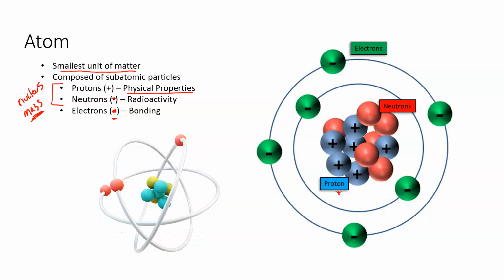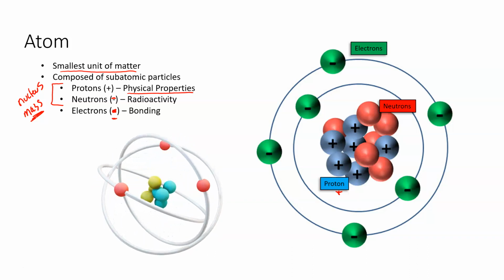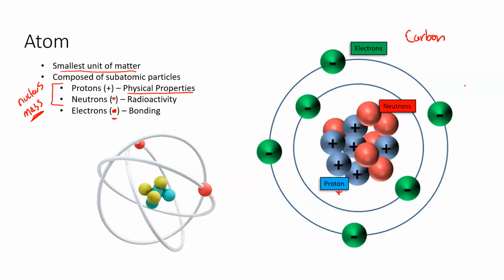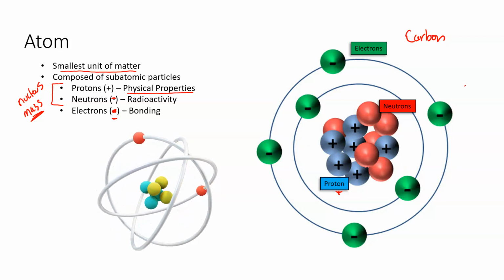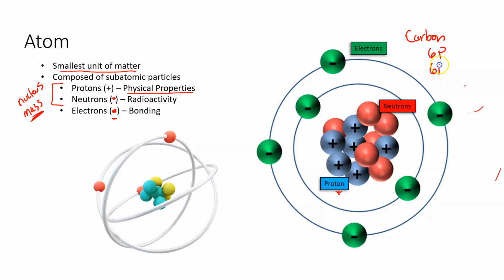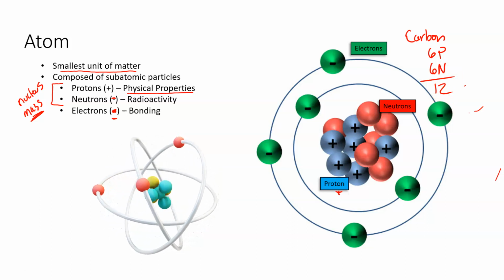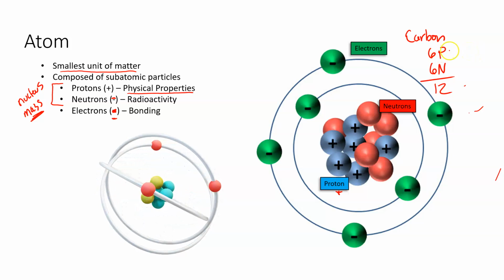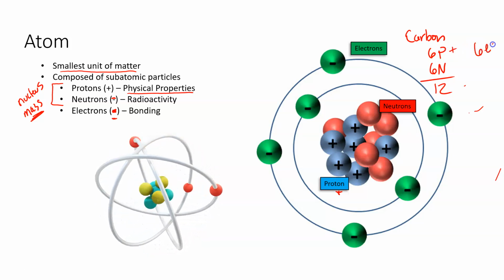And so if it is a carbon atom, for instance, like this one is, okay, we can say that this is carbon. You know that it's carbon because it has 6 protons. It has 6 electrons, okay, 6 protons, 6 neutrons, therefore gives you an atomic mass of 12, and it would obviously stay neutrally charged because while we have 6 protons that are positively charged, we also have 6 electrons which are negatively charged.